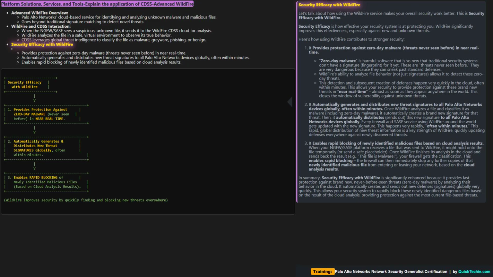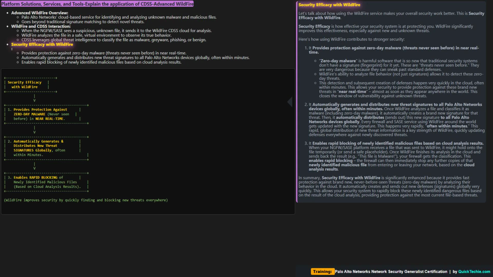1. It provides protection against zero-day malware, threats never seen before, in near real time. Zero-day malware is harmful software that is so new that traditional security systems don't have a signature, fingerprint, for it yet. These are threats never seen before. They are very dangerous because they can sneak past standard defenses.